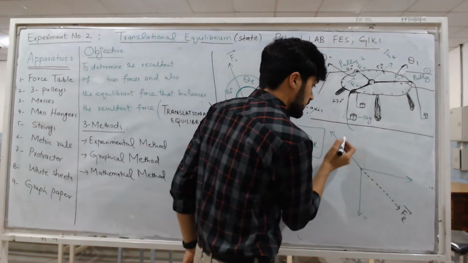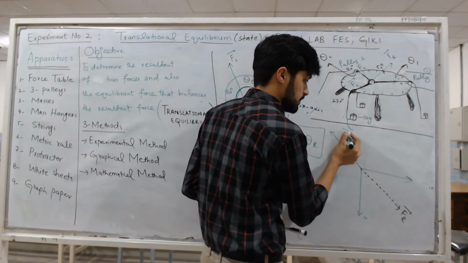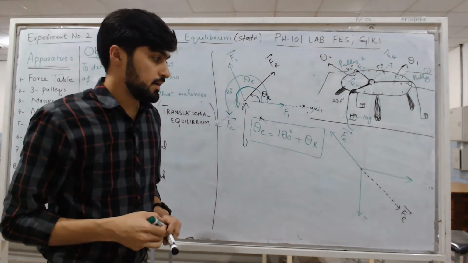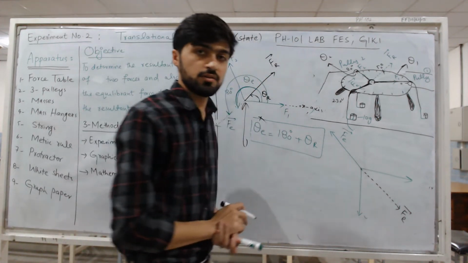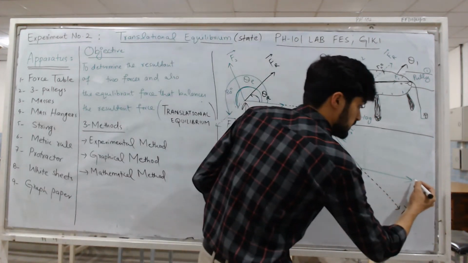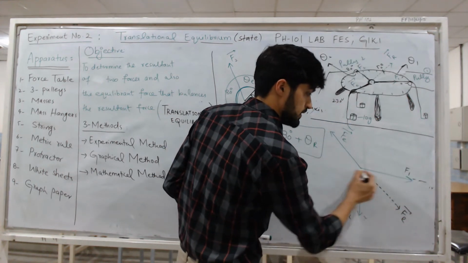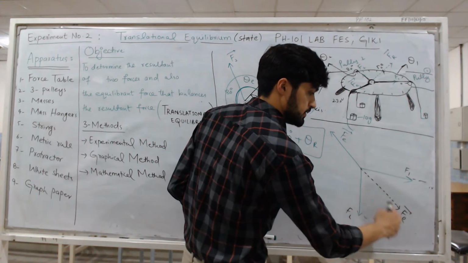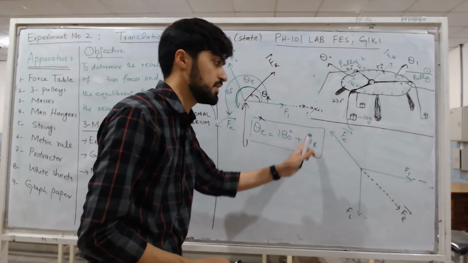So this is Fr and this is Fe. Now, as I said, we take the angle in the anti-clockwise direction. So this is our positive x-axis. This is our F1. Let's say this is our F2. These two forces give this resultant, and this is balanced by the equilibrium force, which is unfortunately now in the second quadrant.